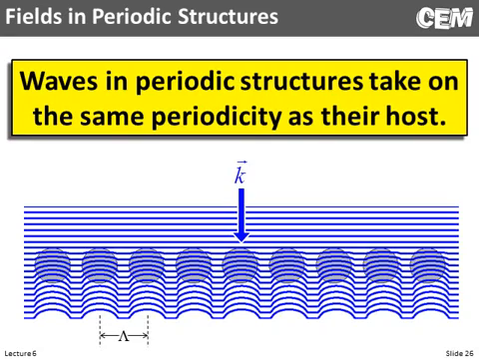So this conclusion's huge. If I now have a periodic arrangement of those dielectric circles, and I let a wavefront pass through that, notice the wavefront now has the same perturbations with the same period as the structure that it passed through. The huge conclusion is waves in periodic structures take on the same periodicity as their host.